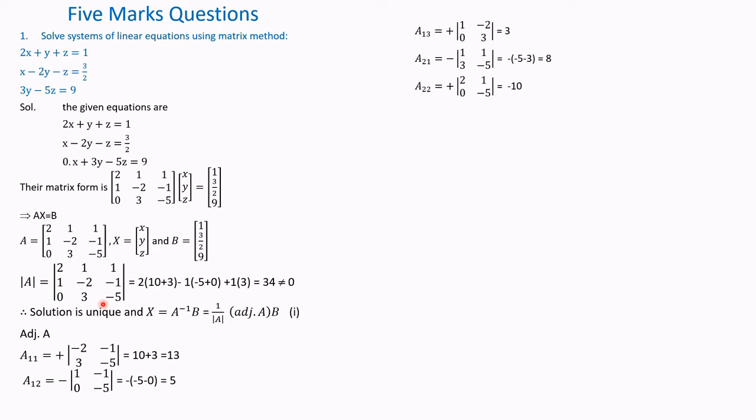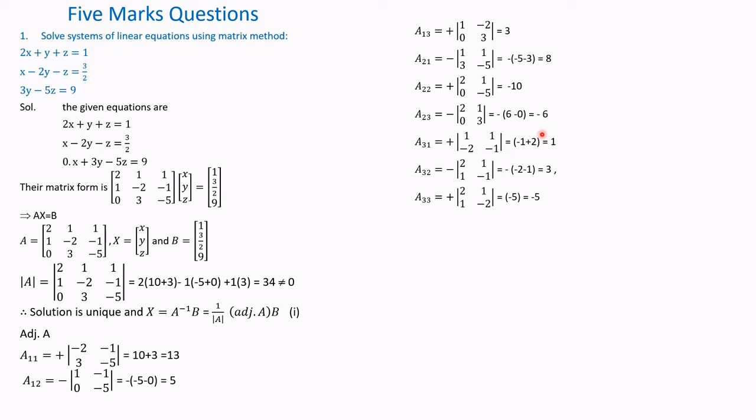Whereas the minors are 2 by 2 matrices, because we are cancelling the row and column of the element. Hence, A22 is minus 10 here. Therefore, A23 in a similar way is minus 6. A31 is 1 and A32 is 3. Therefore, A33 is minus 5.